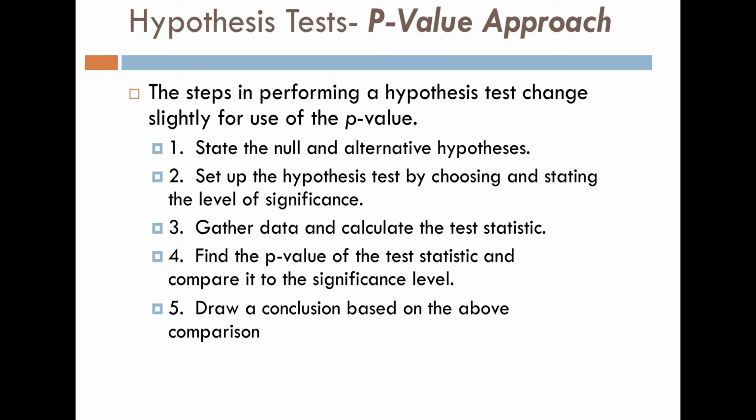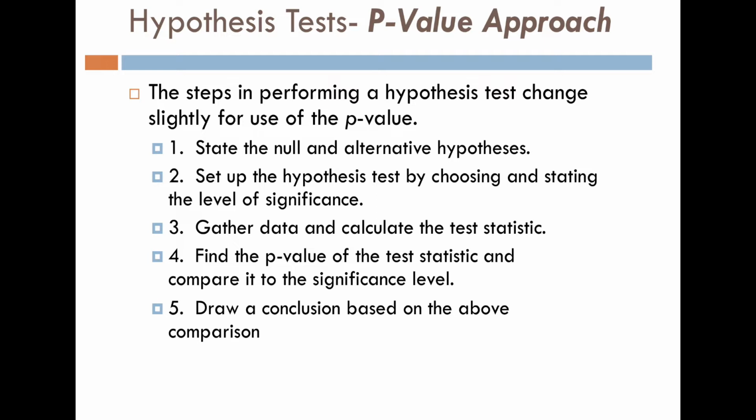So the steps we take in approaching a hypothesis test: we state the null and alternative hypotheses. We want to look in the problem and hear what the assumption is about the population value.